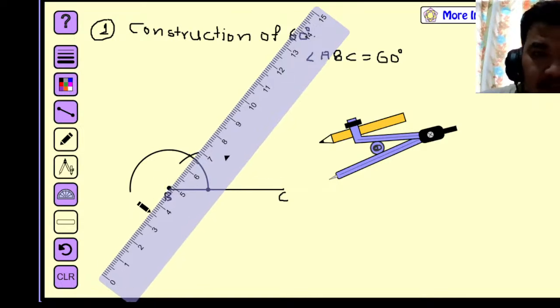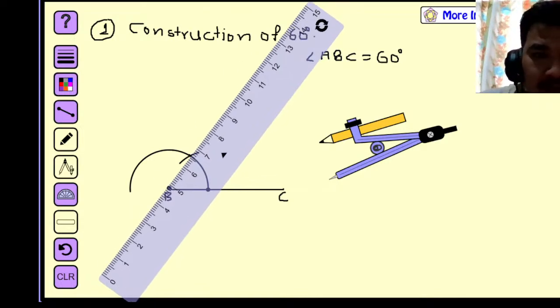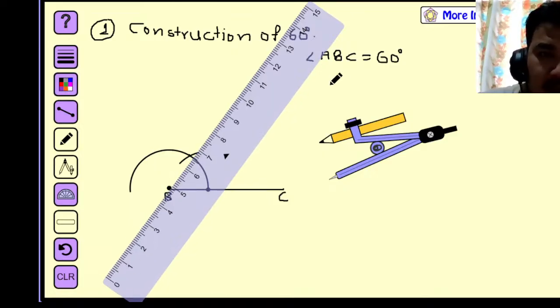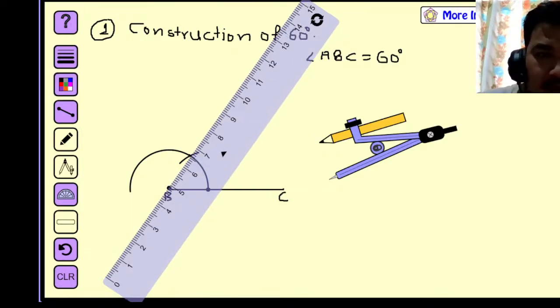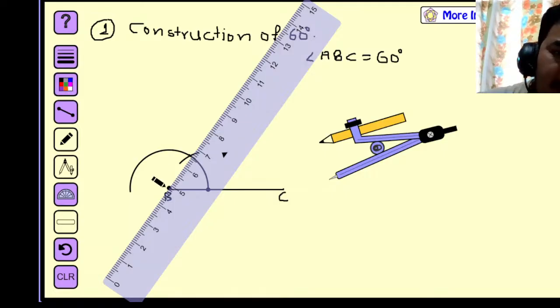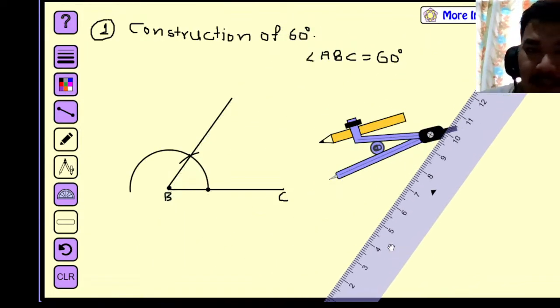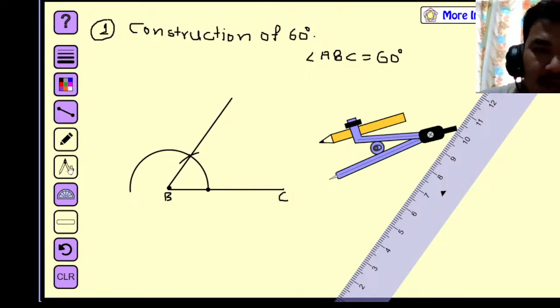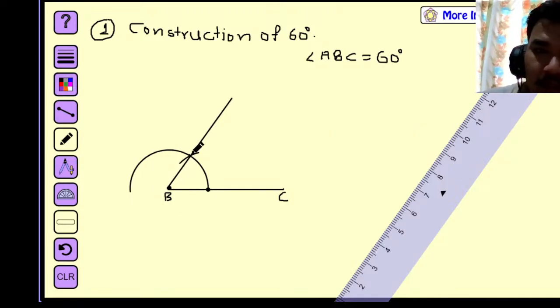Now take this side, put the ruler straight, move like this up. Now if we join this point B with this cutting point of the main arc, this point we have joined with B, the angle is formed.